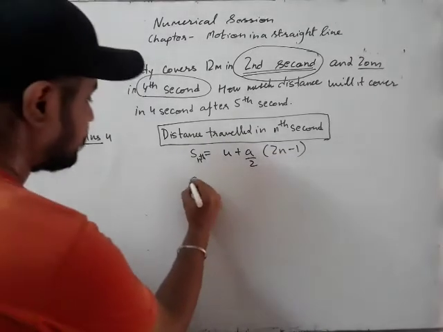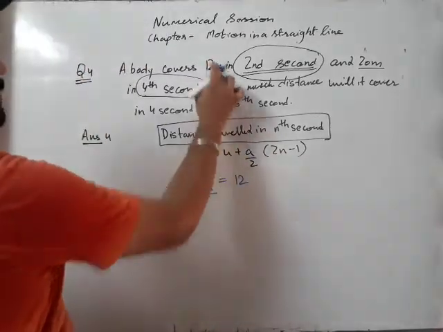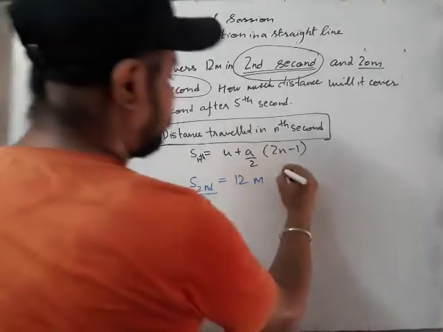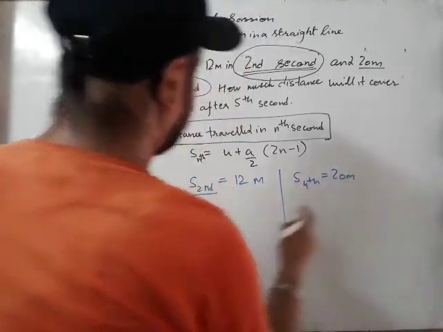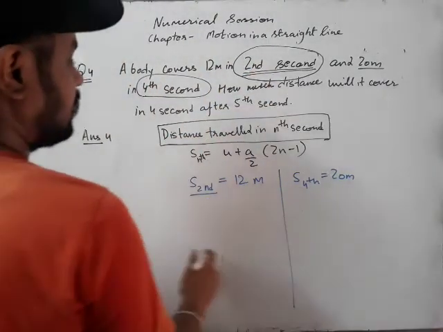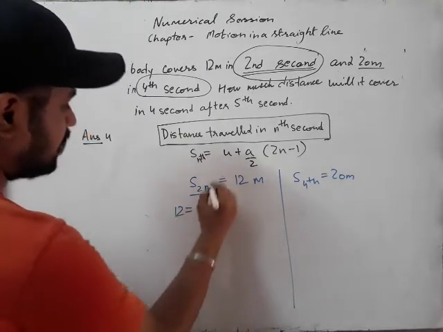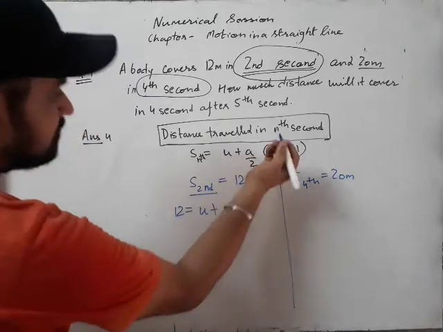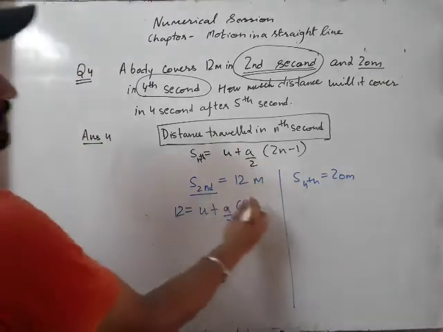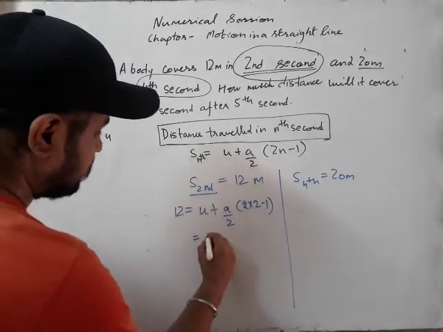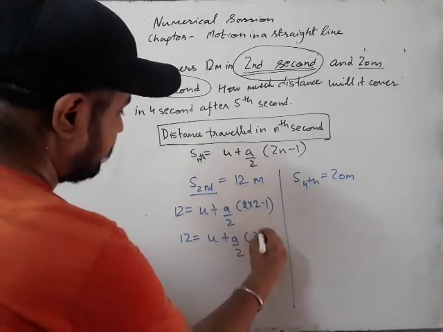We have been provided S for the 2nd second, it is given to you as 12 meter, and for the 4th second it is given to us as 20 meter. So we will put the values in the formula on both sides, that is 12 equal to u plus a by 2 into (2 into 2 minus 1), that is a by 2 into 3.